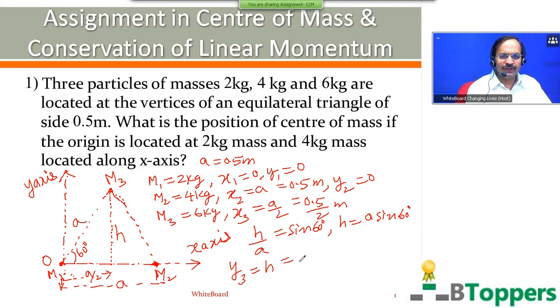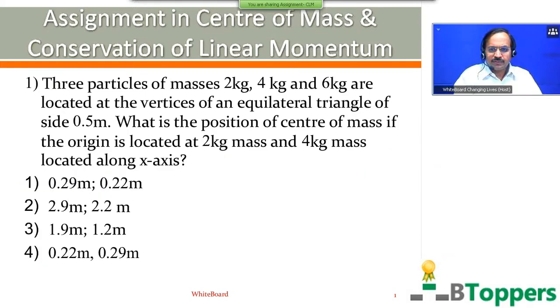That is equal to a sine 60 degrees, a equal to 0.5 meter, and sine 60 degrees equal to √3 by 2. So for question number 1, you get the first option as your answer, I think. You can complete the calculation. Next, I am going to discuss question number 2.